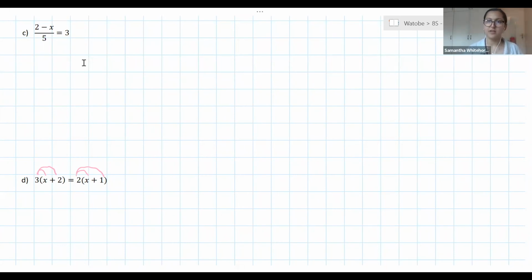I'm going to give everyone another minute or two. And remember, guys, if you're sitting and waiting, check your answers. Substitute in and make sure that the left is equal to the right.